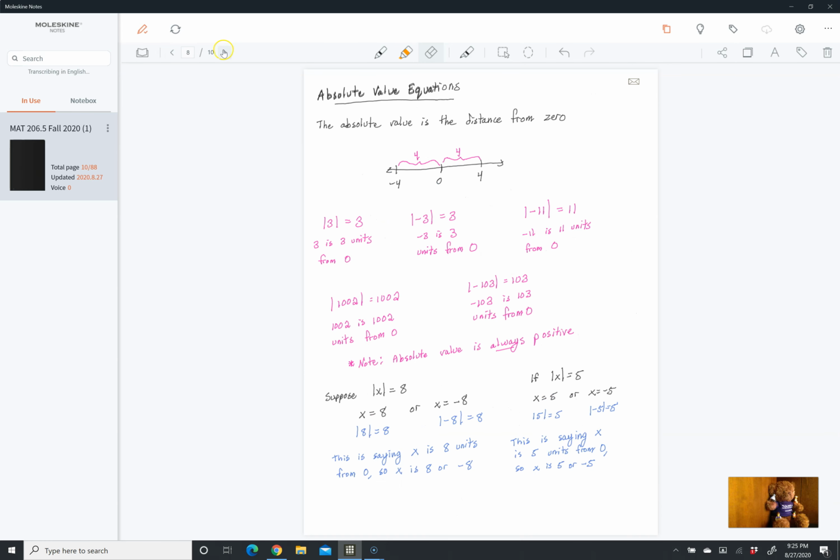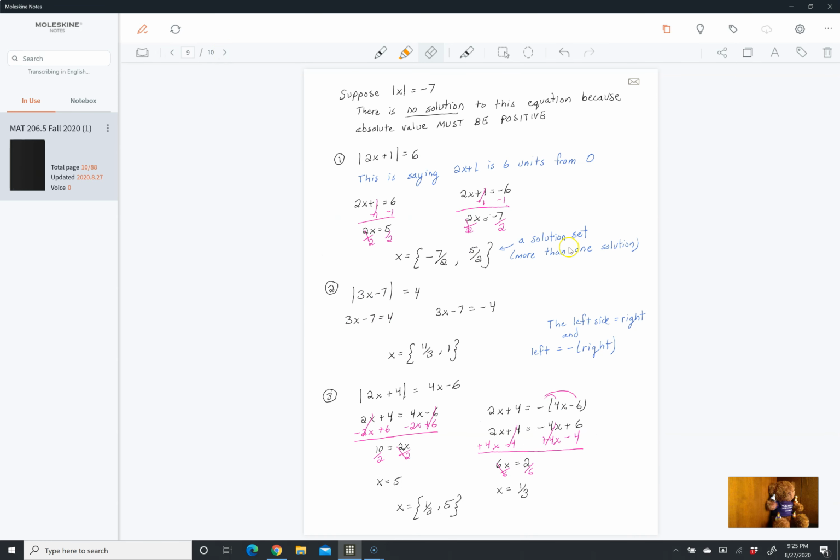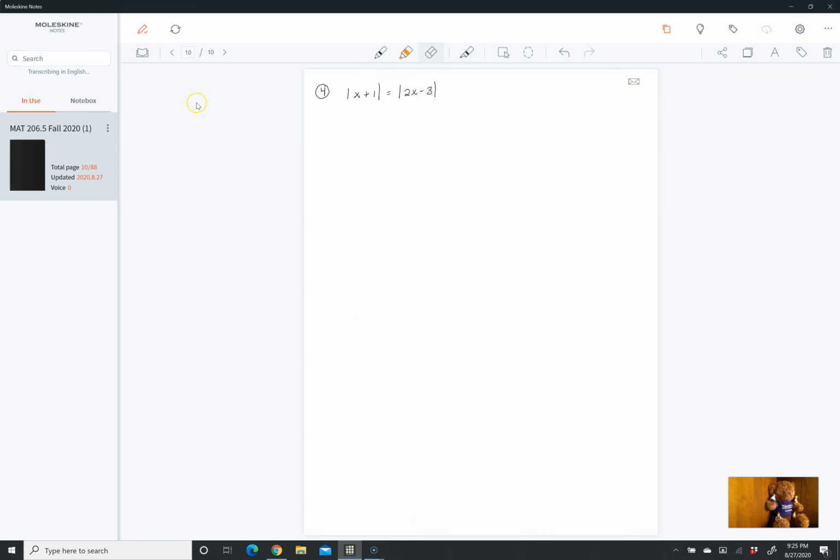It's the same thing. The left side is equal to the right side, and the left is equal to the negative of the right. Nothing changes here, and we'll show why in a second. So we have two equations still. It's x plus 1 is equal to 2x minus 3. Left is equal to the right, so you just drop the absolute value signs.